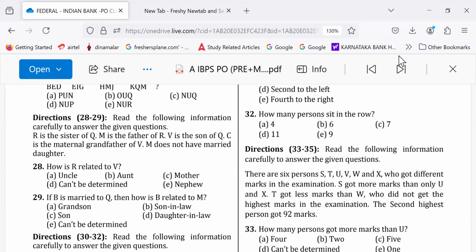Here it is given R is sister of Q. In another place it is written V is son of Q, and then M is father of R. C is the maternal grandfather of V. M does not have a married daughter. How is R related to V?